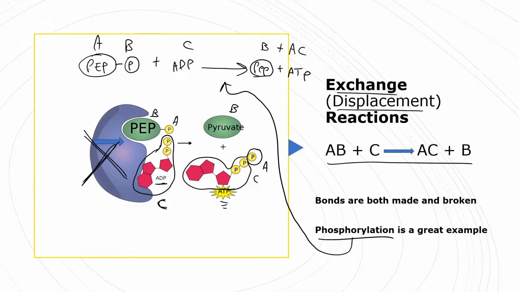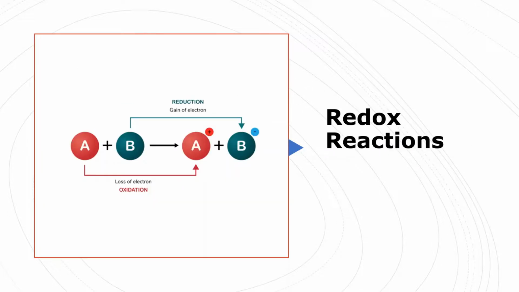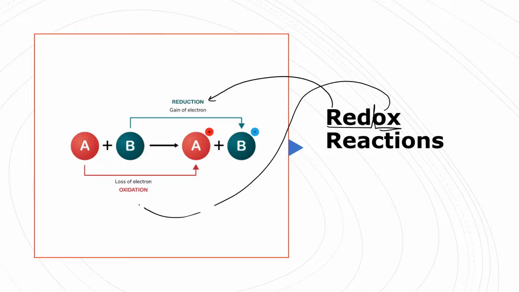bonds simultaneously. Redox reactions. So this is a combination of two words. The red stands for reduction, and the ox stands for oxidation. So that's the first thing to see, is we're going to do two things at the same time. Right?